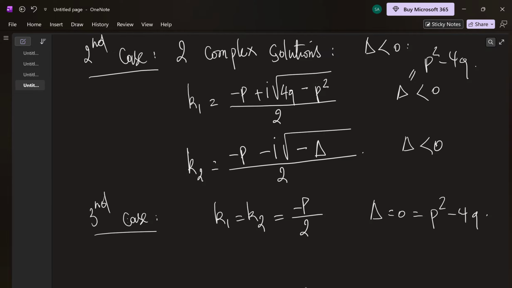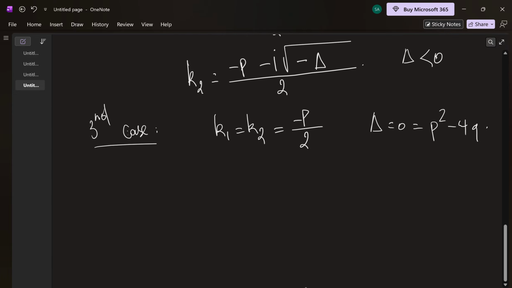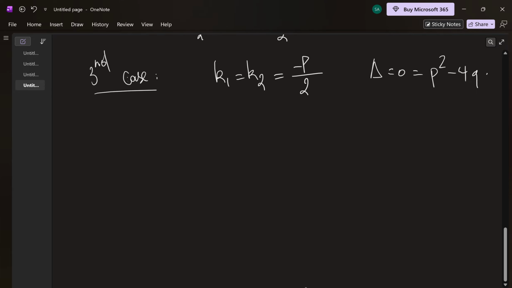Now we will discuss in each of these three cases how to construct the solution. So we move to the first case.